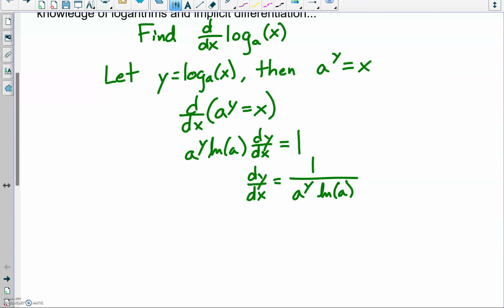And that's all well and good, but I want dy dx, and this final form is in terms of a to the y, so I need to go back up here and use the fact that I have that a to the y equals x, and then we get our final answer, dy dx equals 1 over x times the natural log of a. So that is our derivative of y, which is essentially giving us our derivative of the log base a of x.